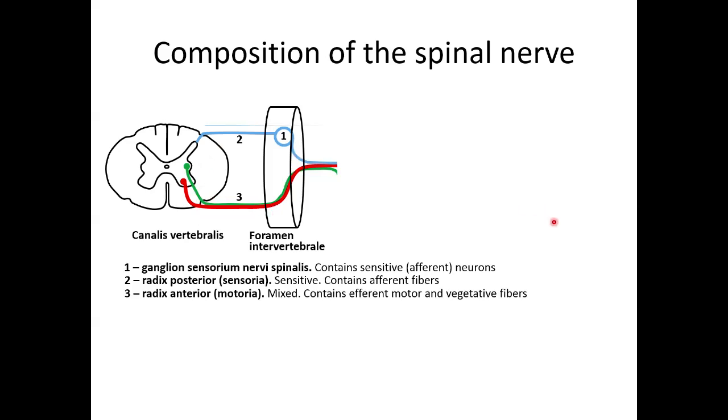And then, very interesting detail. Do you see? From ganglion spinale, peripheral fiber of blue color, it means sensitive, it's dendrite of afferent neurons.